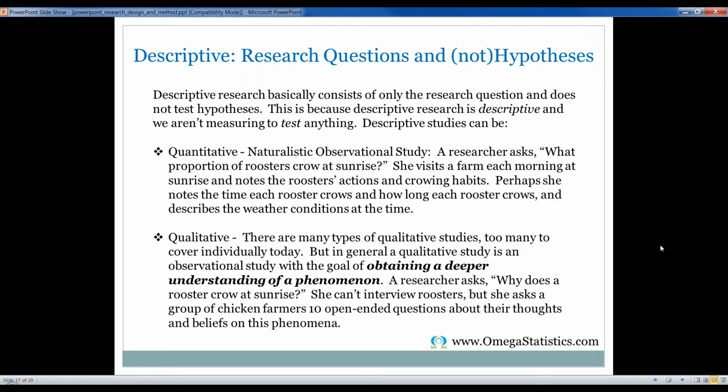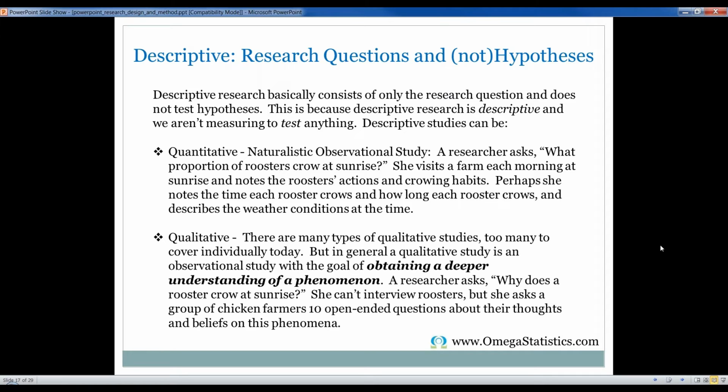For qualitative, there are many types of qualitative studies. As I'm saying here, too many to cover individually, but in general, it's an observational study with the goal of obtaining a deeper understanding. So the researcher would ask, why does a rooster crow at sunrise? It's so philosophical, isn't it? Why do they crow? And she can't interview the roosters, but she can ask a group of chicken farmers.